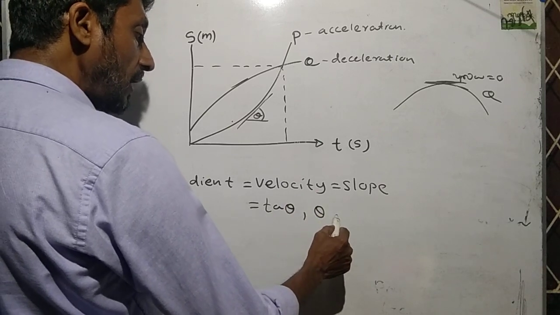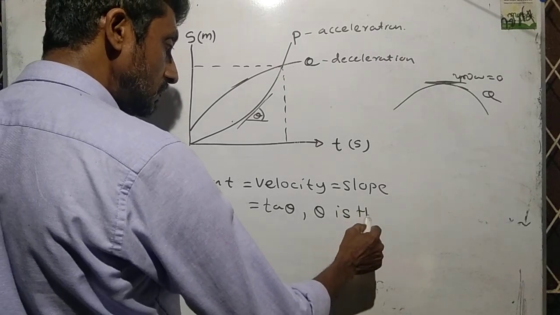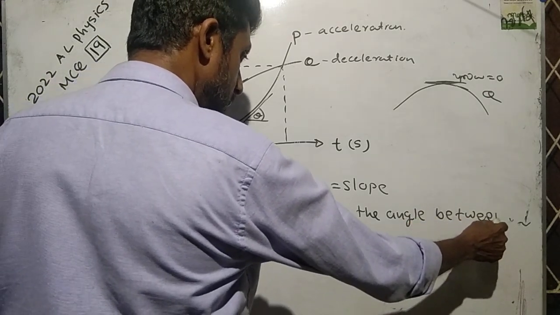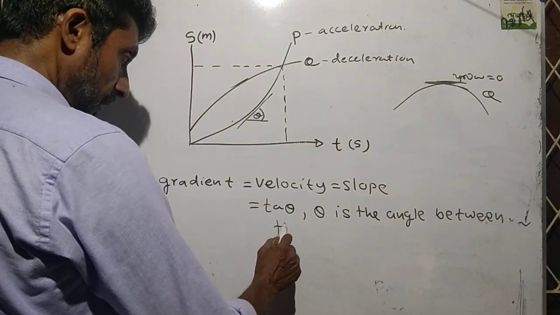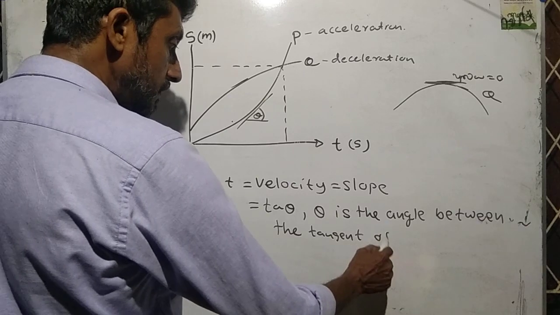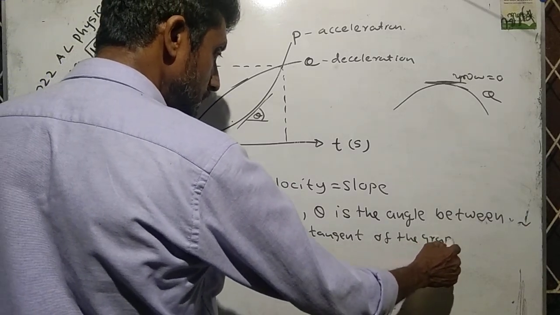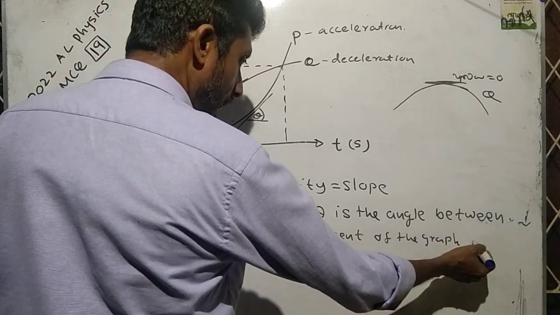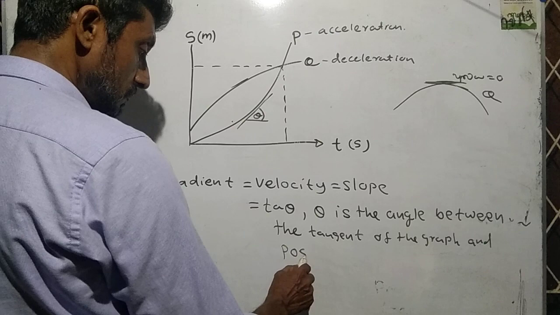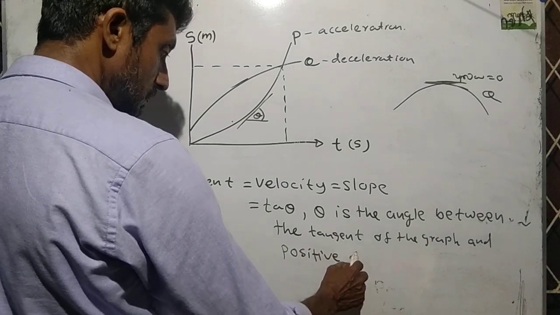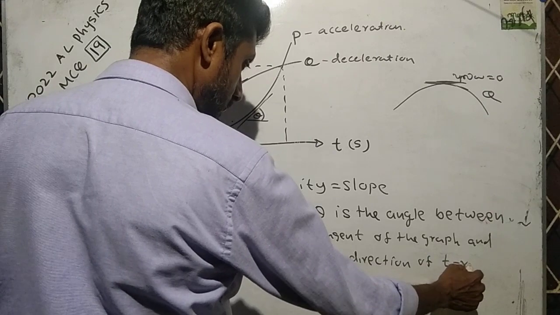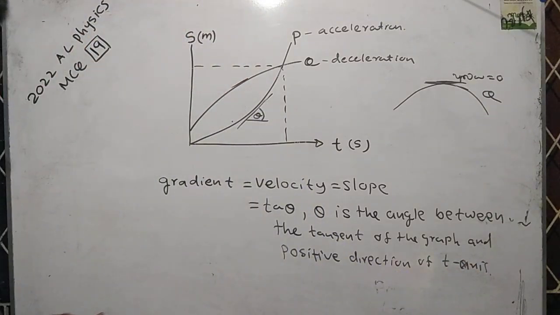Theta means the angle between the tangent of the graph and the positive direction of the t-axis.